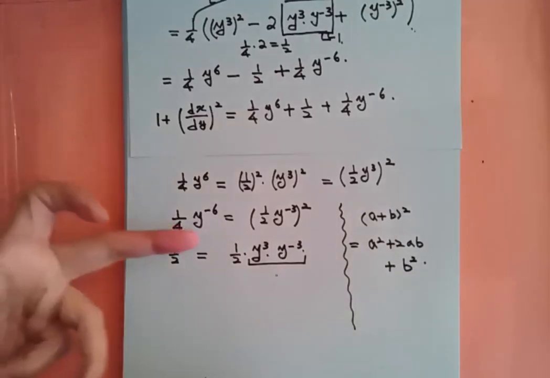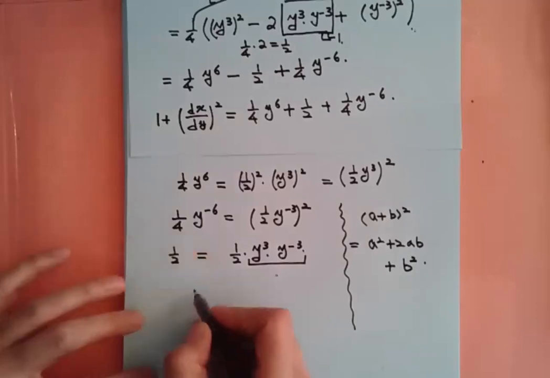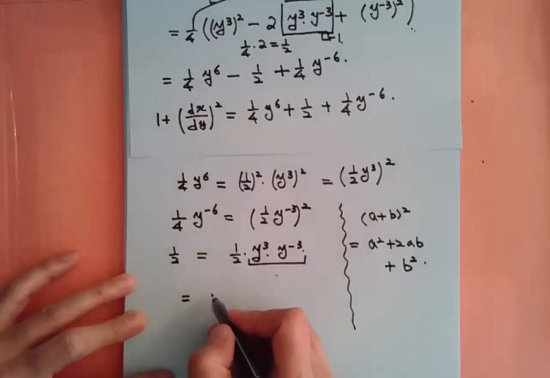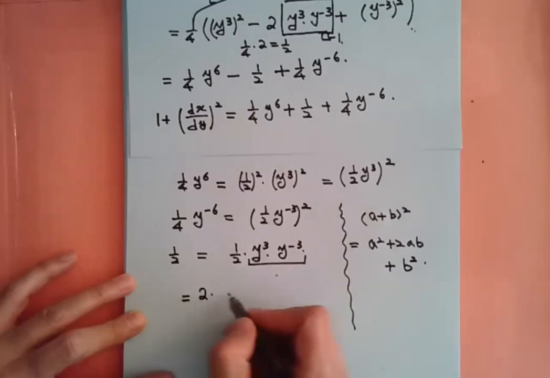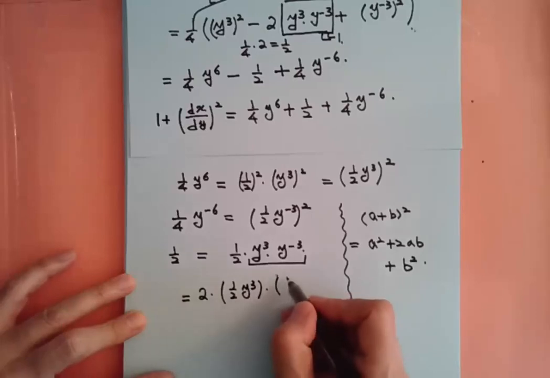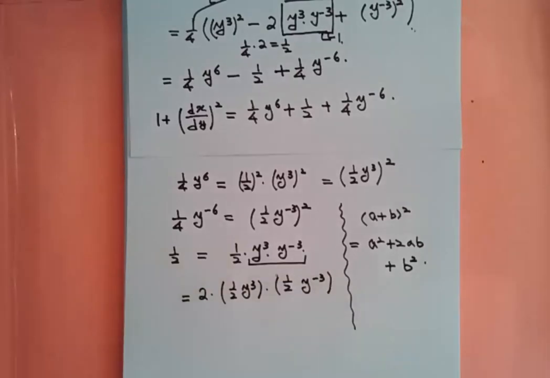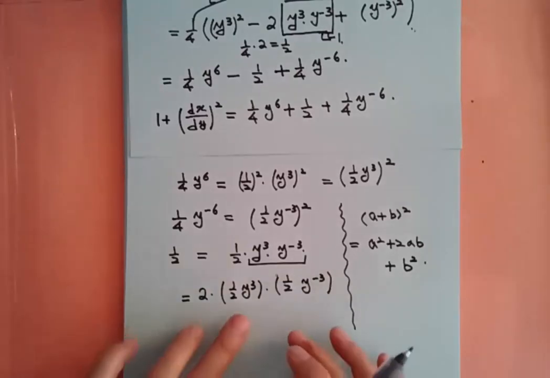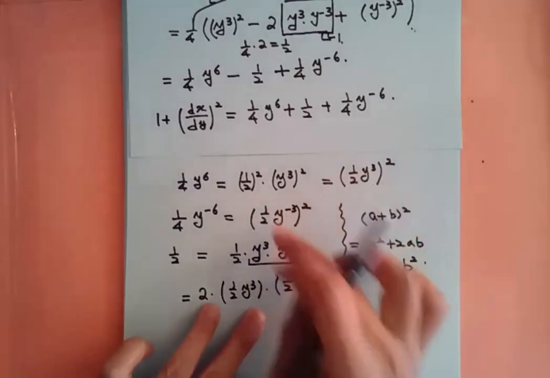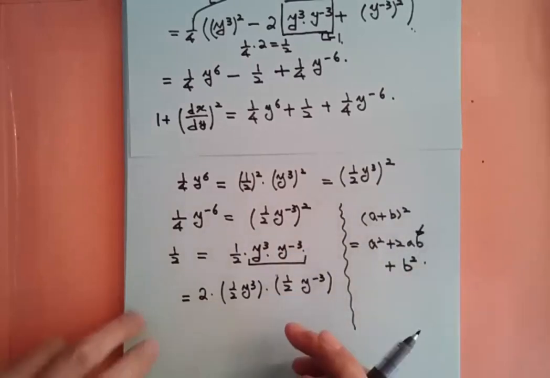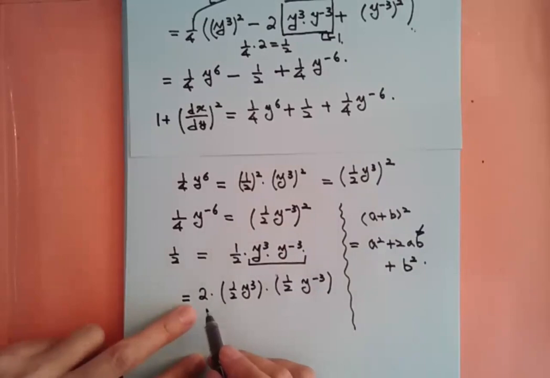So the way we will understand this part will be 2 times 1 over 2 y cubed times 1 over 2 y to the negative 3 power. These two are multiplied together and form the middle part, and then we multiply by 2.